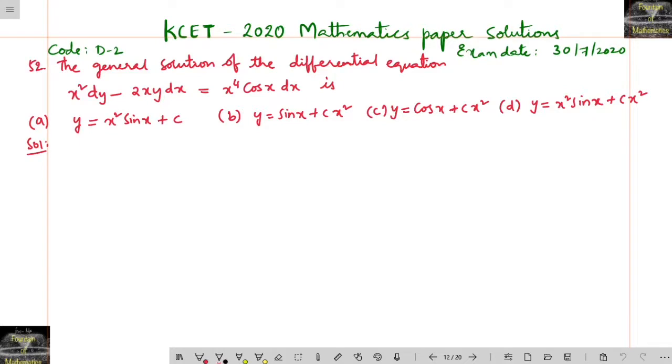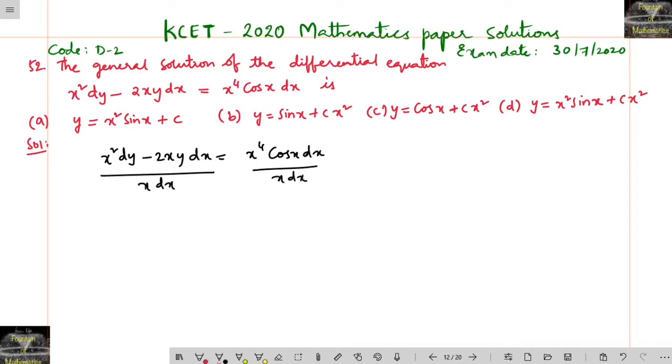The general solution of the differential equation x square dy minus 2xy dx is equal to x power 4 cos x dx. Let's simplify. Throughout the equation x is common, so we can divide with x dx on both the sides.